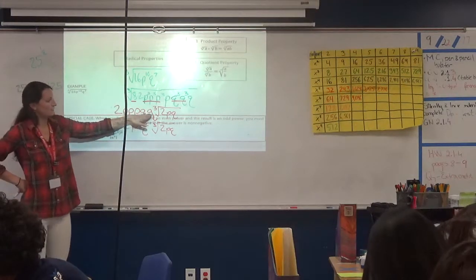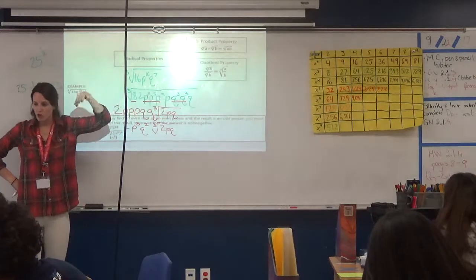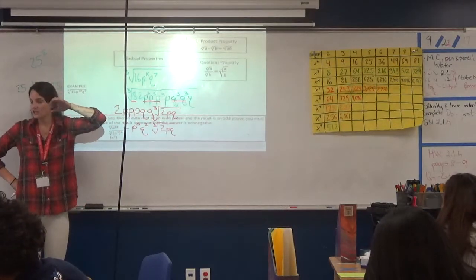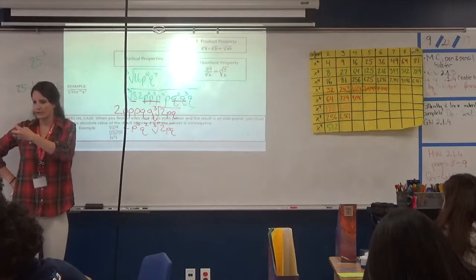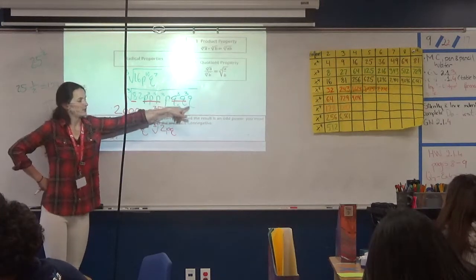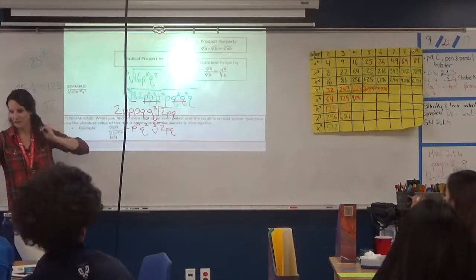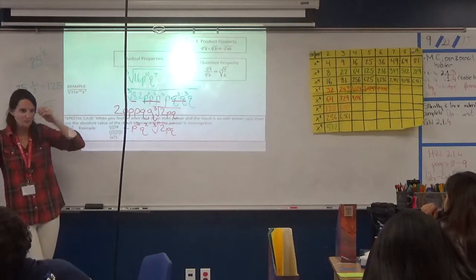So all of the things that came out front came from these red sections when I actually took the cube root of those things. So they are now in front of the cube root, like the cube root is gone. These things inside, I only had one of them, so I couldn't take the cube root, so the cube root is still there. Okay?